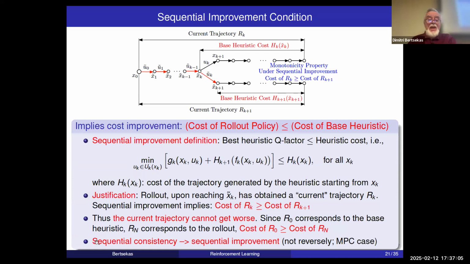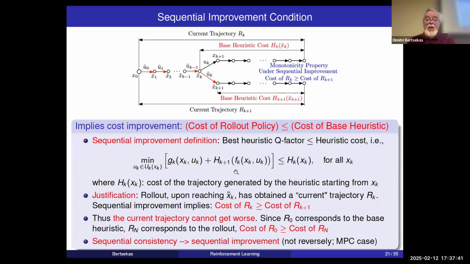Now, it's possible to show that a sequentially consistent base heuristic is also sequentially improving. Why is that? If you have a sequentially consistent heuristic, then equality holds here for the control corresponding to the heuristic control, because the base heuristic is a policy that satisfies the dynamic programming condition, which means that its Q factor on the left-hand side is equal to the Q factor on the right-hand side.